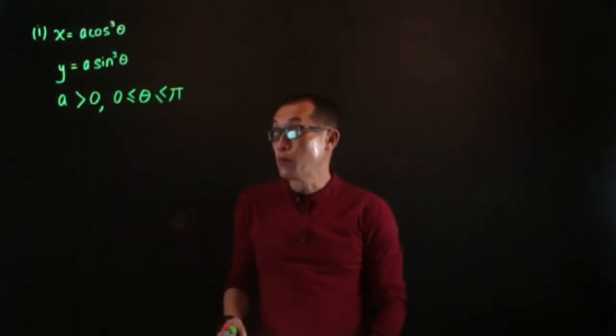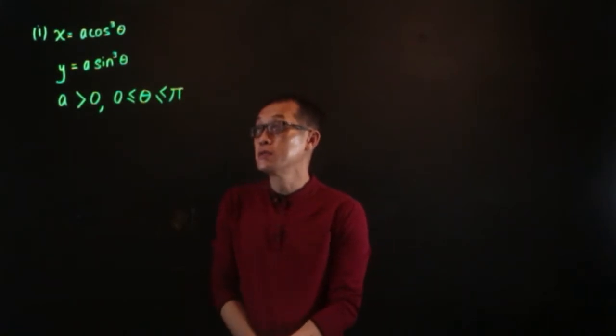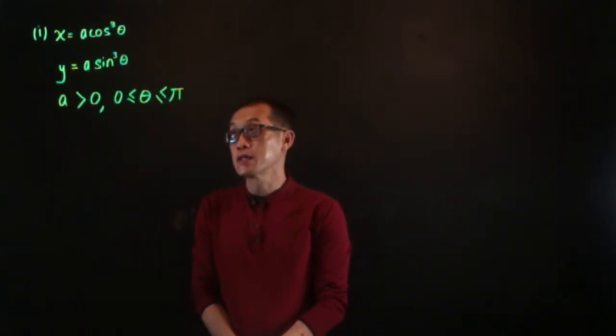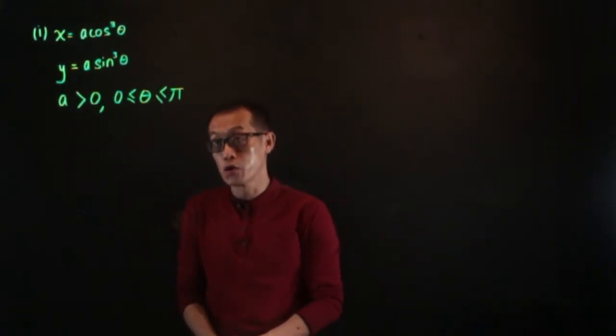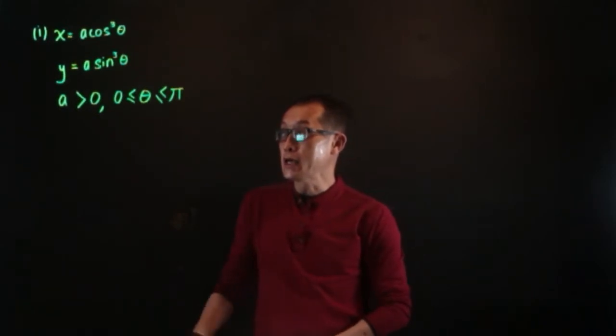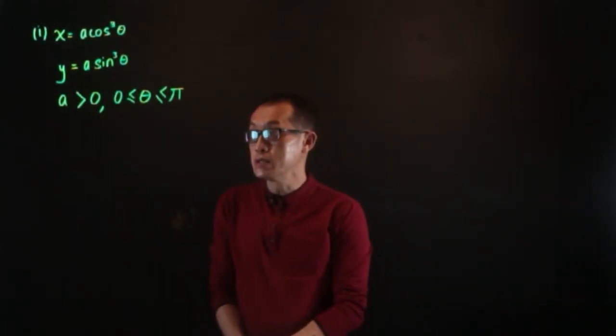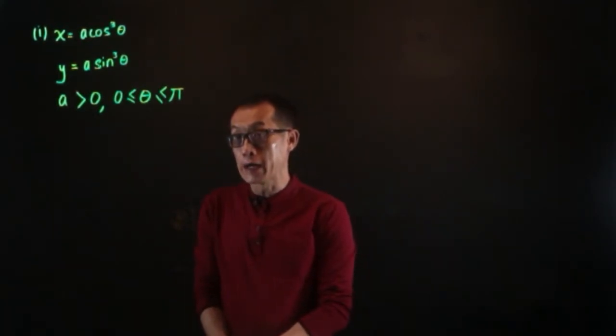Now question 3 part 1, you are given a parametric equation, x equals a cos cube theta and y equals a sine cube theta, such that a is greater than 0 and theta is between 0 and pi.